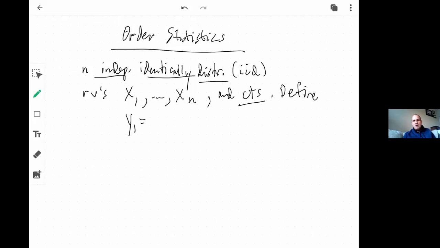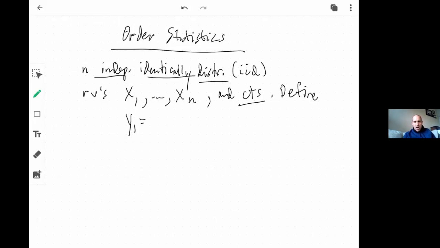Now we can go to the discrete case and relax that just slightly, but it does make for a fair amount more complication. So that's one reason we want these to be continuous, because we want the probability of any pair of these being equal to be 0.